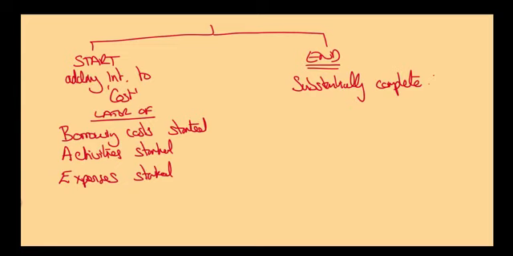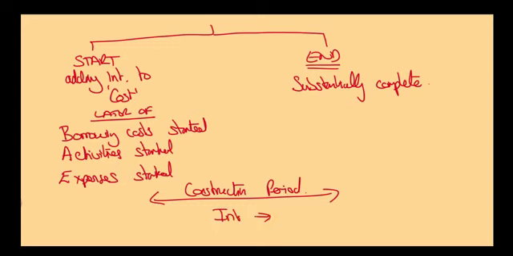Any interest after that would just be put to the income statement. So it's really from here to here, just the construction period. That's when you can add the interest, it goes to the cost of the asset. Anything before, anything afterwards, interest goes to the income statement.